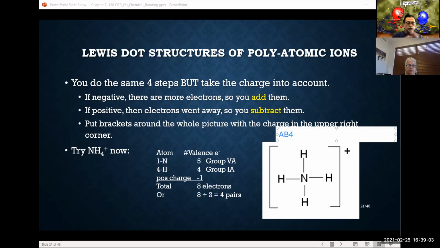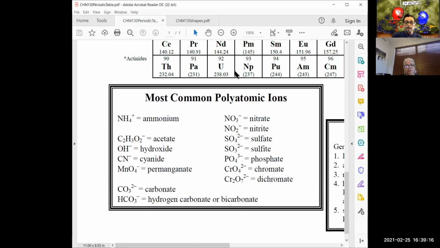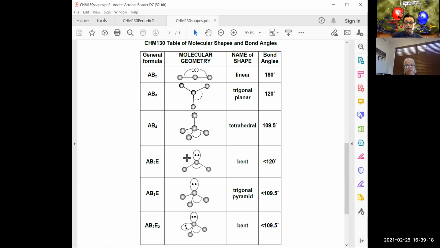Same process as the non-ions. So we go to AB4, we go to the shapes table, and the shapes table tells us that we have tetrahedral AB4 from the general formula.